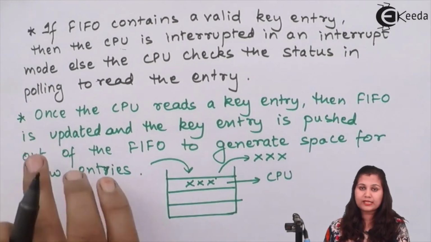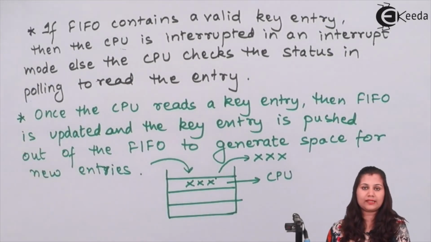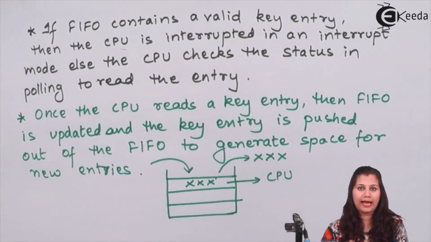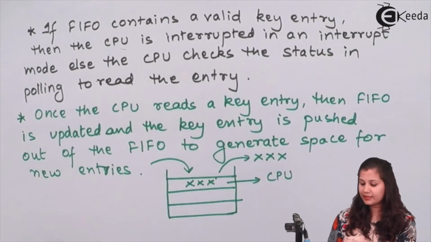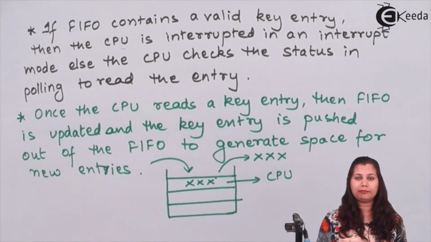So in this way the 8279 works. It first scans the keyboard to check whether any key is pressed or not, and if it identifies that a key has been pressed, it stores the key code related to that key into the FIFO RAM, and then this RAM is read by the CPU.